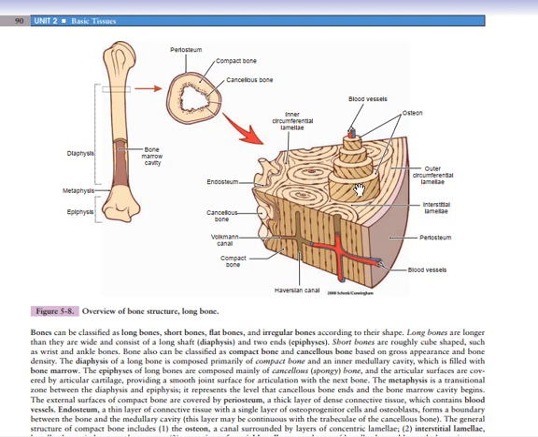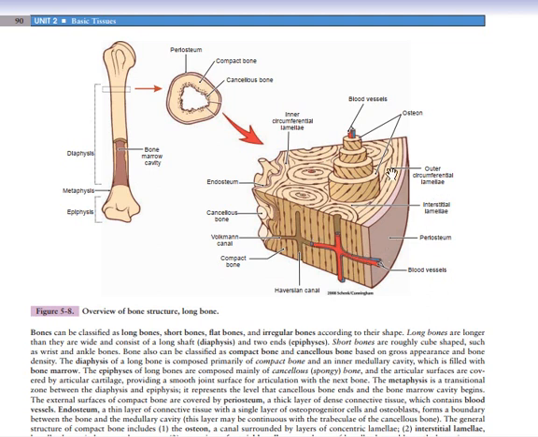The compact bone is made up of osteons. As you can see, you see the osteon here. The osteon is made up of circular lamellae, and the inner part of the osteon is the Haversian canal. Connecting to the osteon, you have the Volkmann canal with the blood vessels and the nerve fibers.